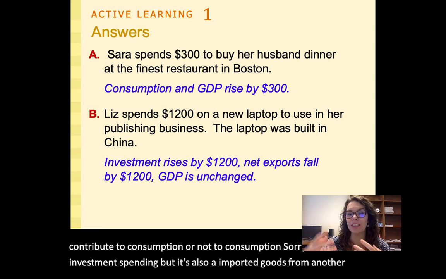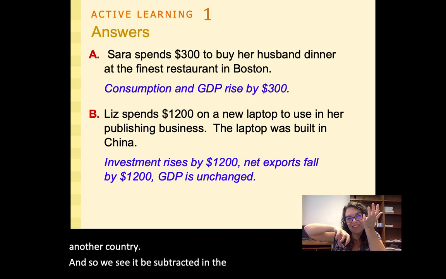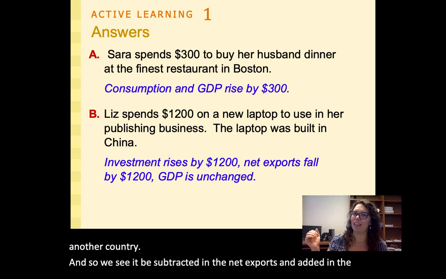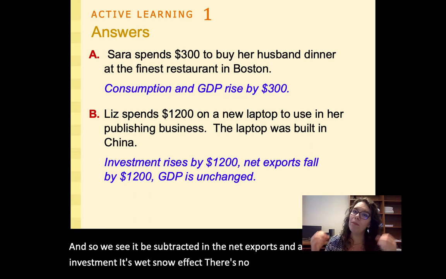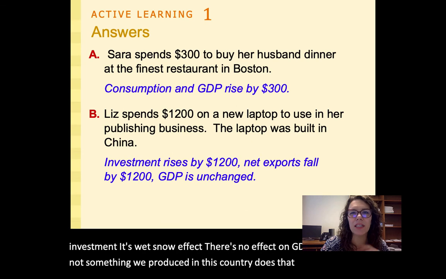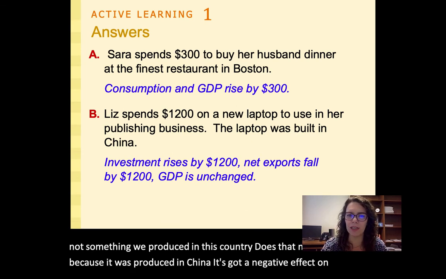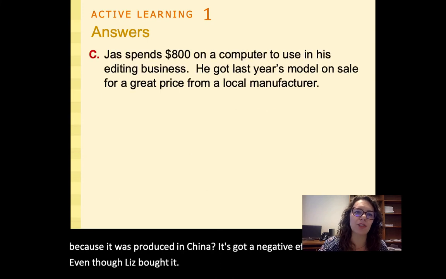And so we see it subtracted in net exports and added in investment, and so there's no effect on GDP, because it's not something we produced in this country. Does that make sense? Because it was produced in China, it has a negative effect on GDP even though Liz bought it in the country at the time.